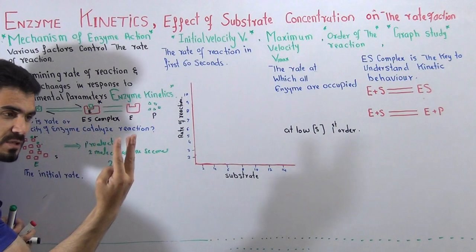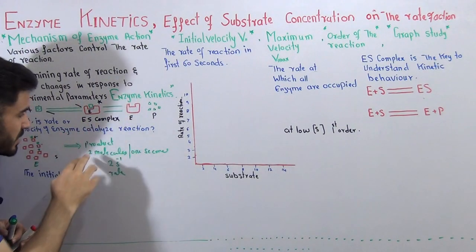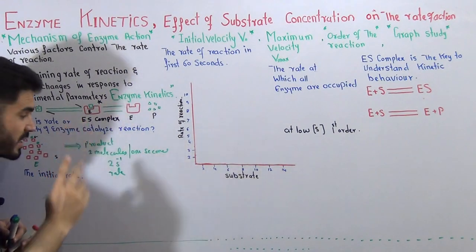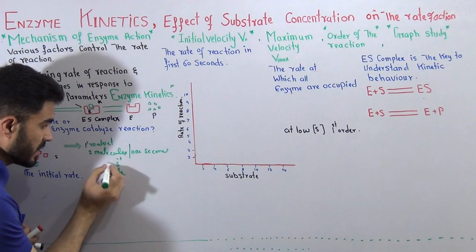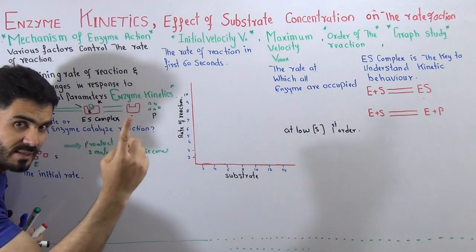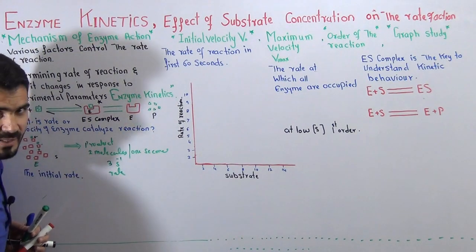For 3 substrate molecules, out of 10 enzymes, only 3 will be utilized. So 3 enzyme substrate complexes will be formed, and 3 substrate molecules will be catalyzed in 1 second. This time we say the rate of reaction is 3 molecules per second.